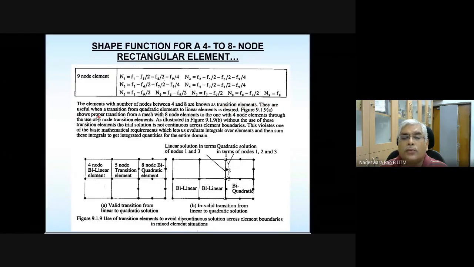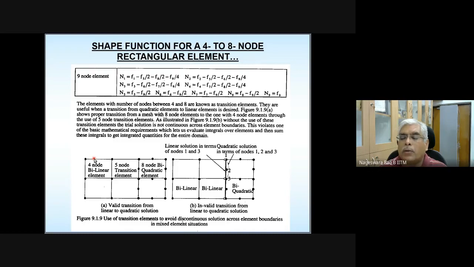They are useful when a transition from quadratic elements to linear elements is desired. A figure shows proper transition from a mesh with 8 node elements to one with 4 node elements through use of 5 node transition elements. It's not necessary over the entire problem domain to adopt the same type of elements.